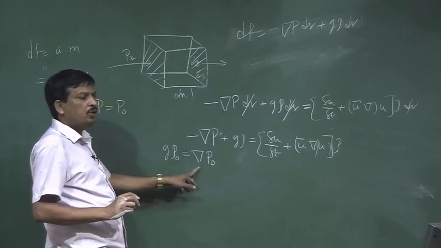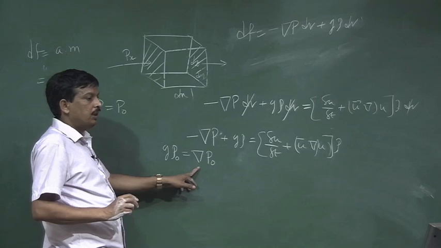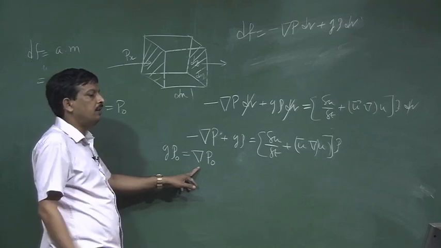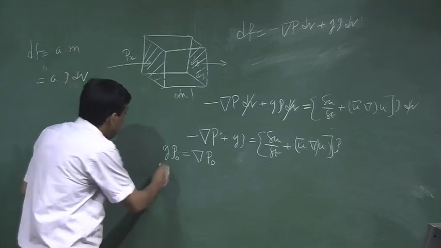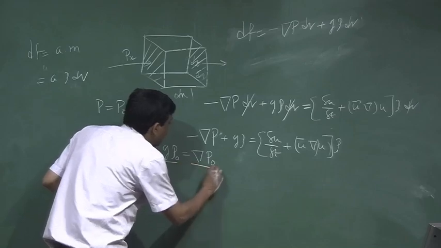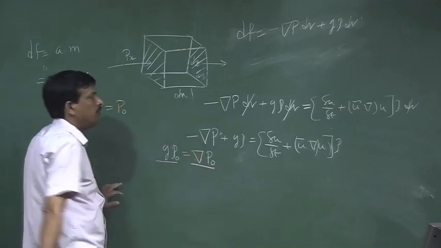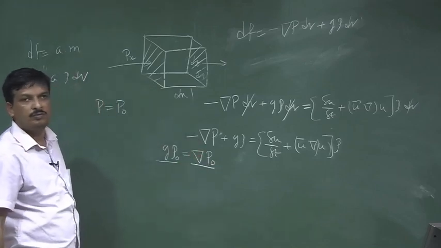So, what will I get in that equation? G rho 0 is nothing but ∇P0. Okay.